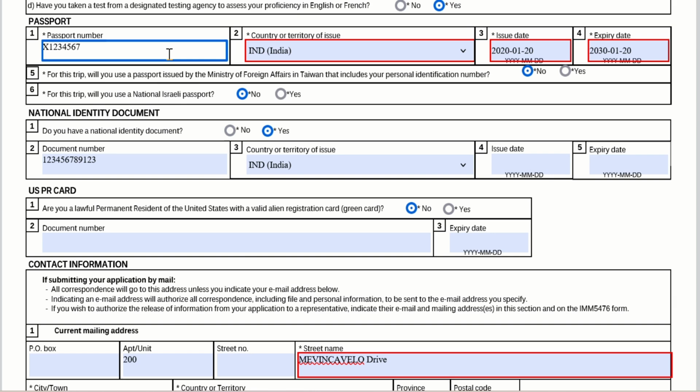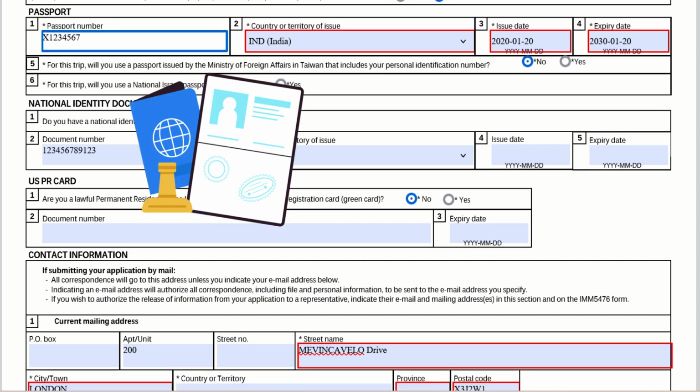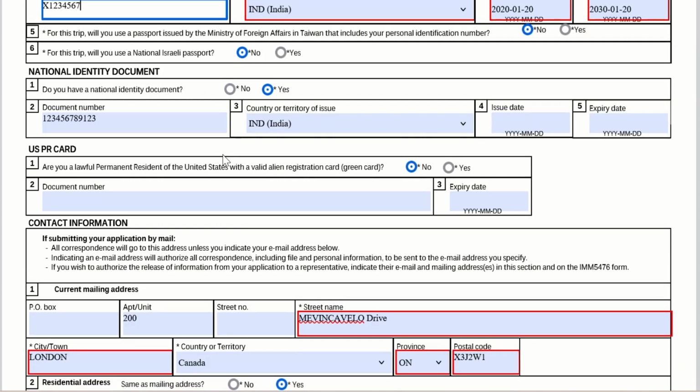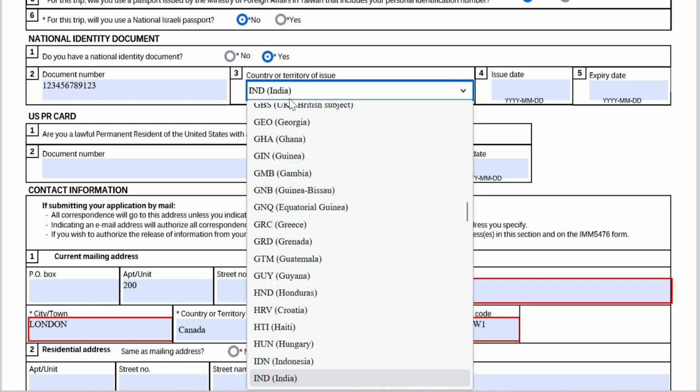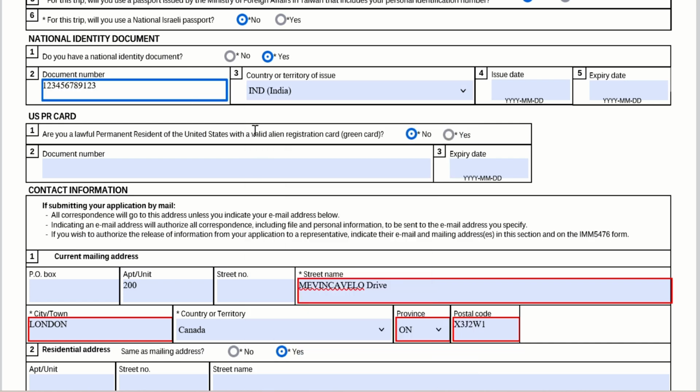So here you can put the passport information. This is optional again, but it's better if you put it there.